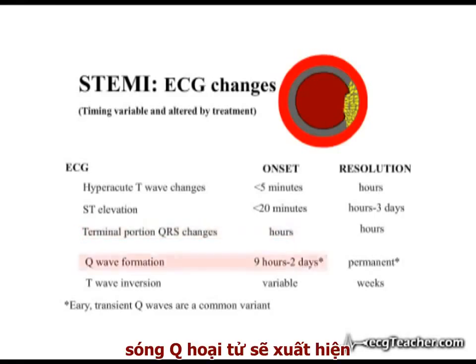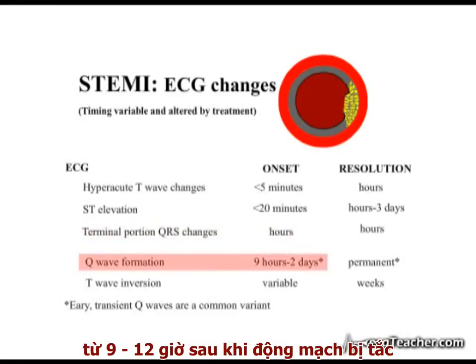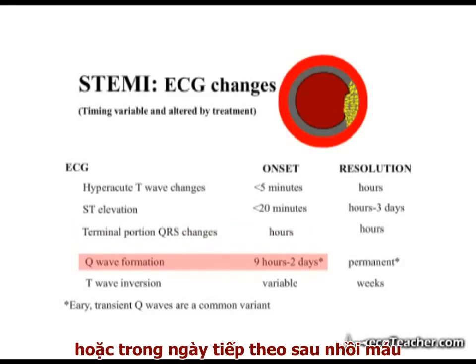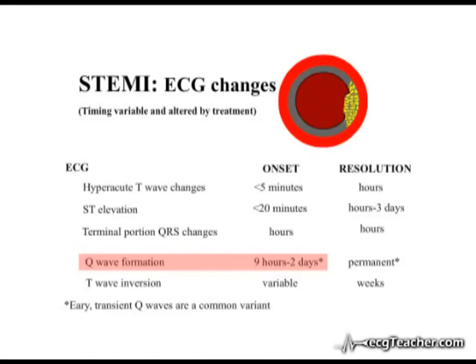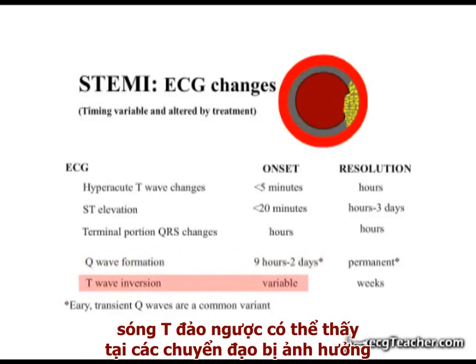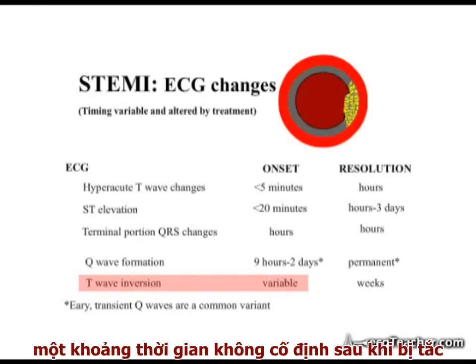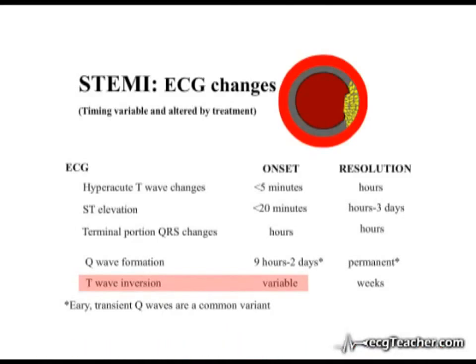The development of pathological Q waves occurs 9 to 12 hours after the onset of occlusion or in the days following infarction. T-wave inversion may be seen in the affected leads at a variable time point following occlusion.